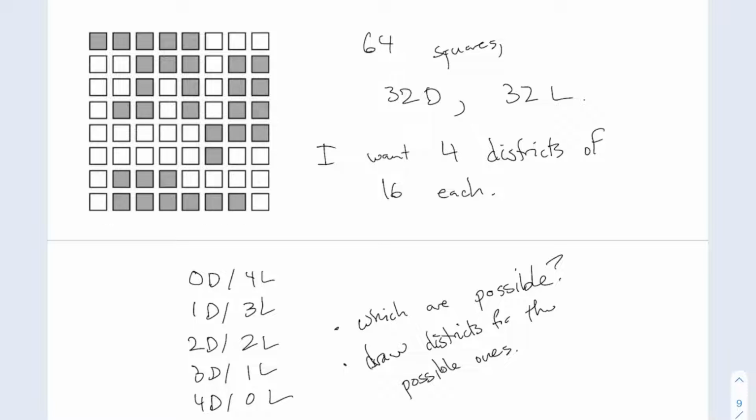That's not possible, 4 times 9 is 36, which is more than 32. But is this one possible? I think this one is possible, it's 3 times 9. That should be possible to do.